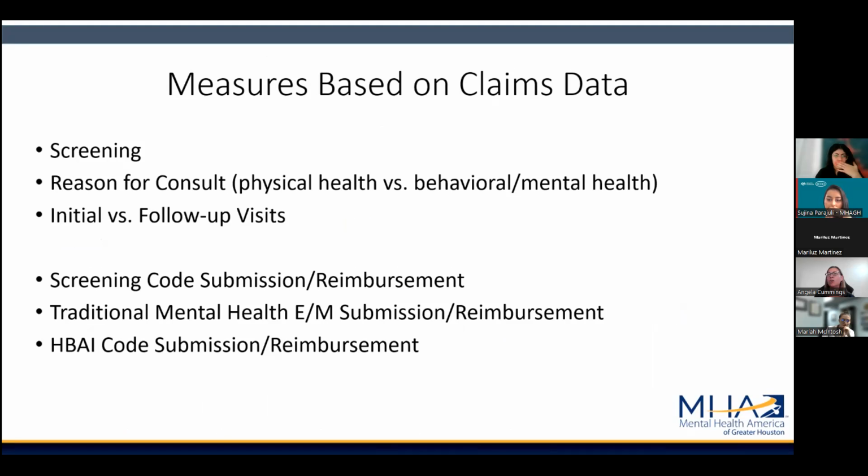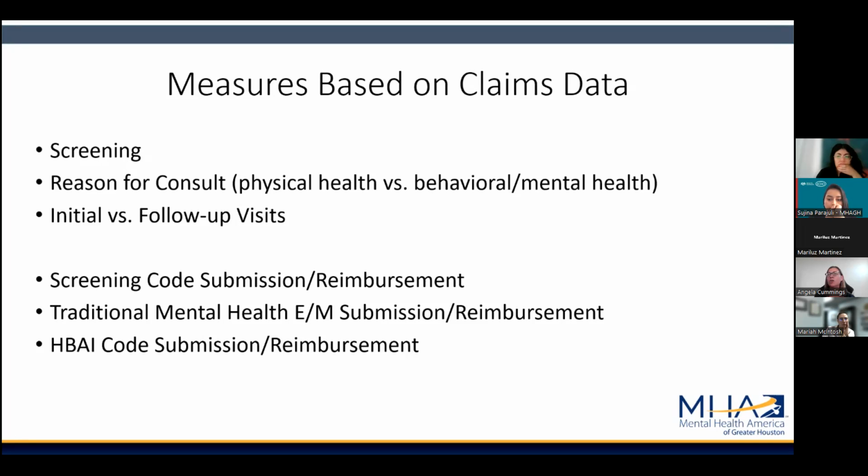Was this an initial visit or a follow-up visit? In certain models of integrated behavioral health, you're really looking to have more initial visits than follow-up visits. You want to make sure you have a mix of physical health consultations and behavioral health consultations. Is that happening? You can look at your claims data and see.